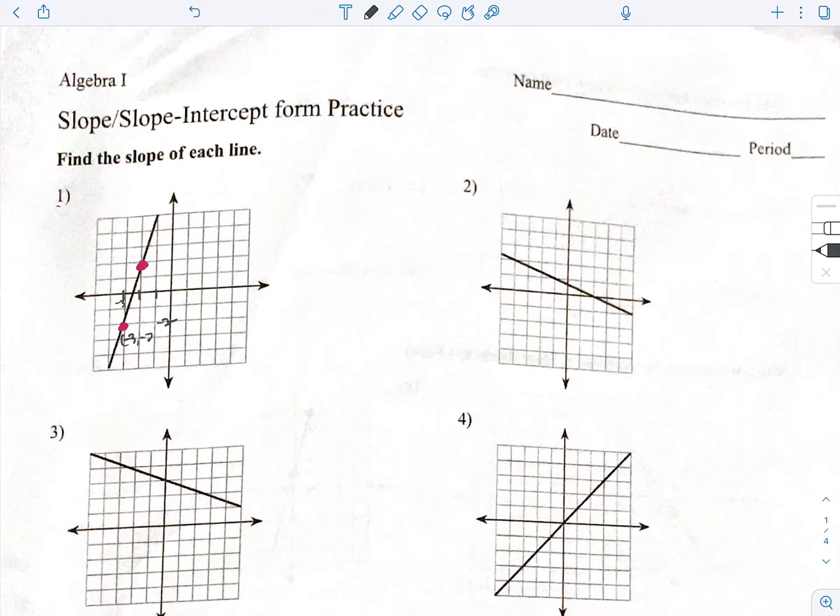So that's -3, -2. And this point here is -2, 2. And we put this in a table. Remember, we go from left to right, so we start here at this point and then go to this point. So that's -3, -2, -2, 2.